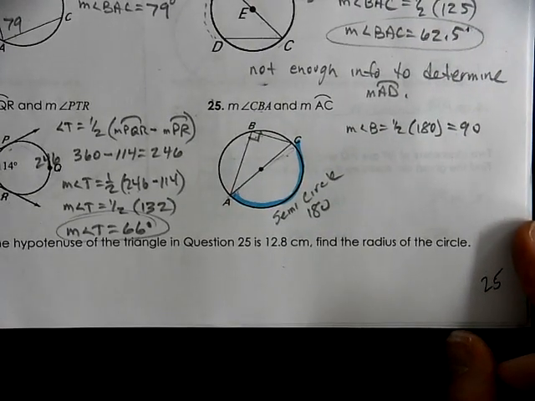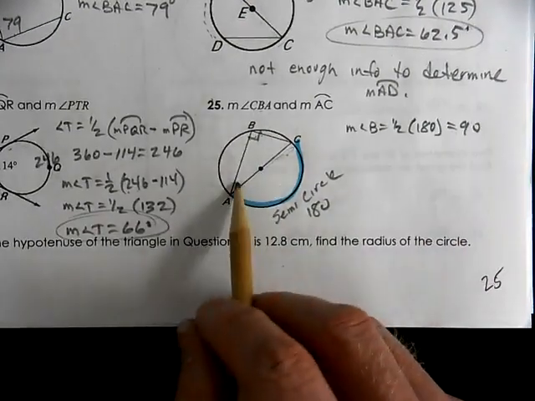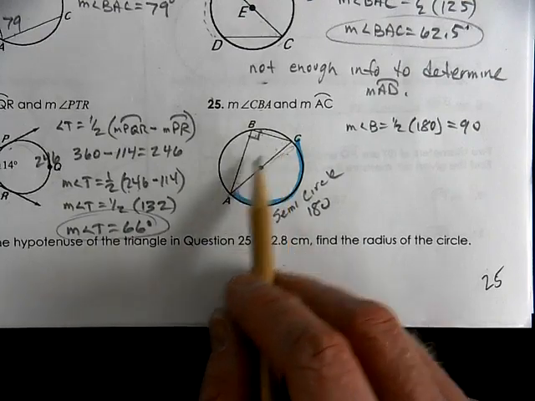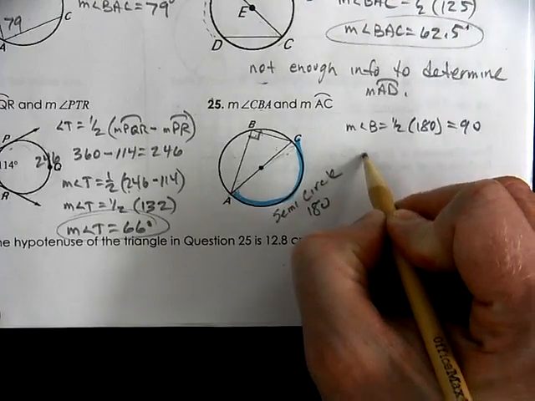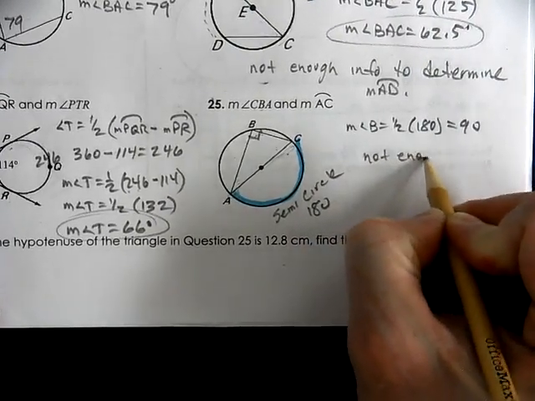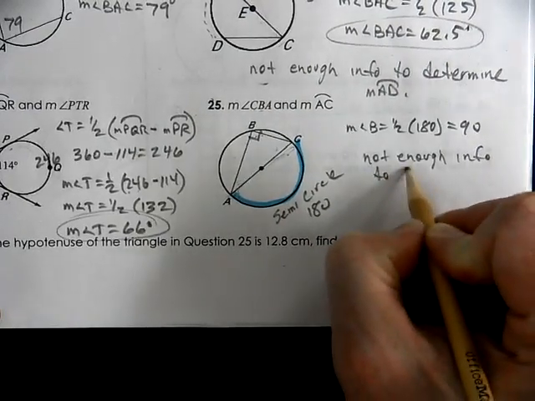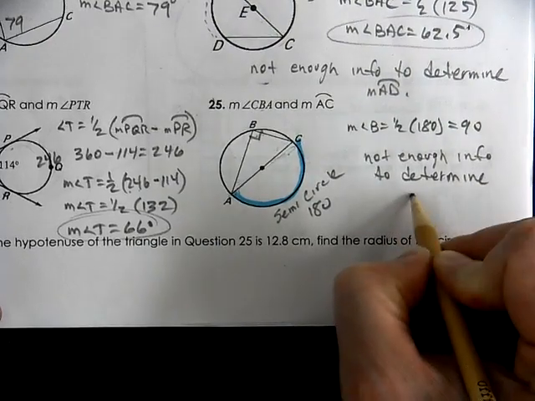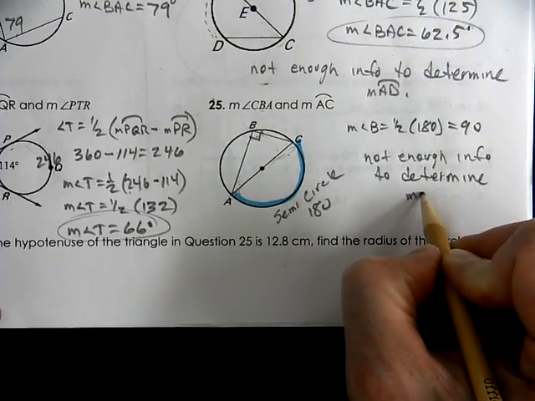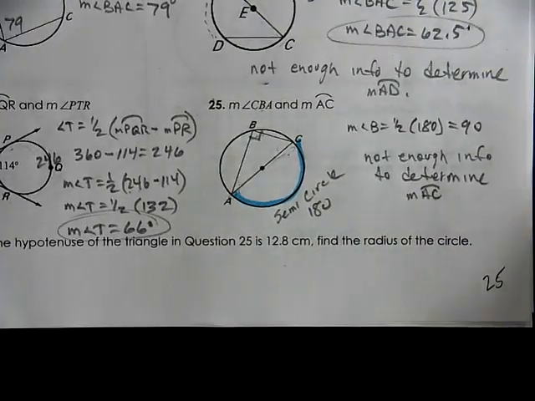And then arc AC. Nope. Can't find arc AC. We don't know any relationship between these angles. We don't have the angle values. Not enough info to determine the measure of arc AC. Oh, no, I'm sorry.